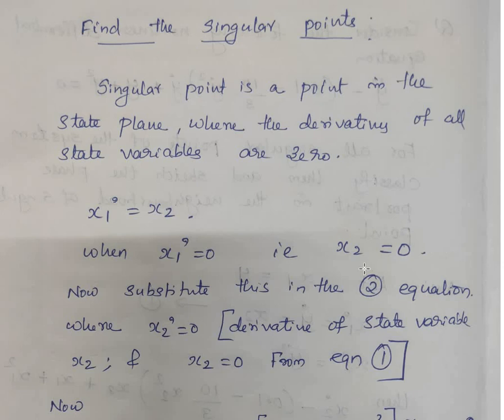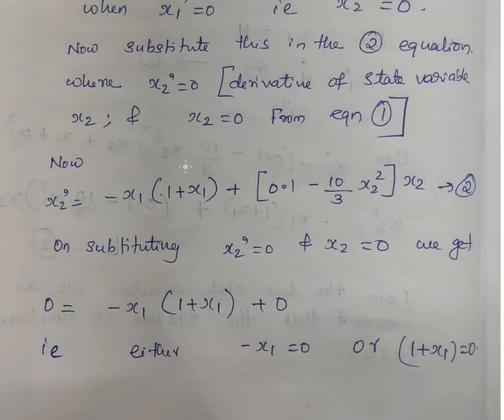Now, substitute this in the second equation. The second equation is x2 dot is equal to minus x1 into 1 plus x1 plus (0.1 minus 10 by 3 x2 square) into x2. Here also we have to substitute the derivative of the second state variable, x2 dot equal to 0.